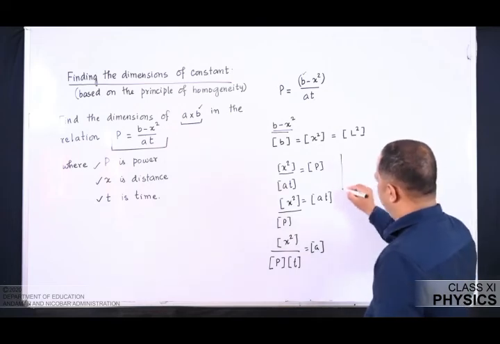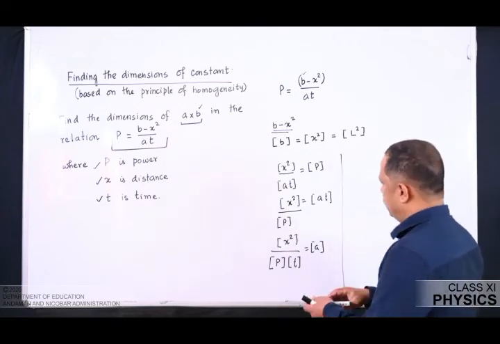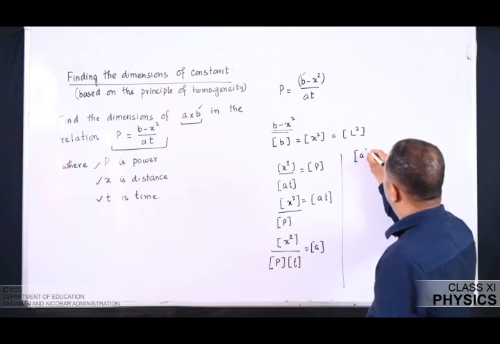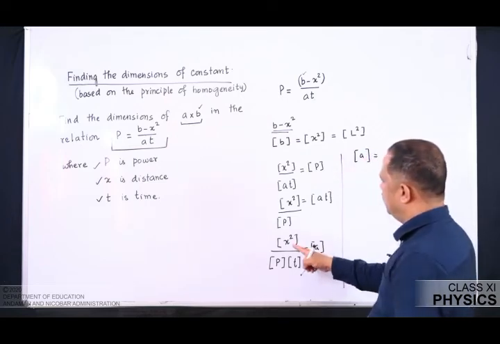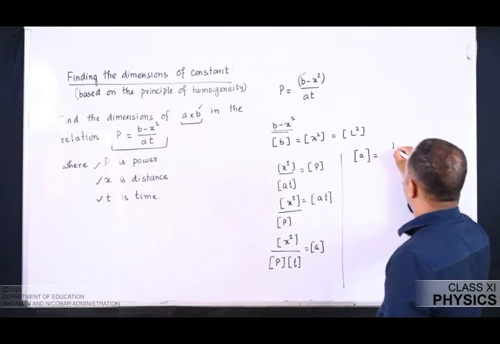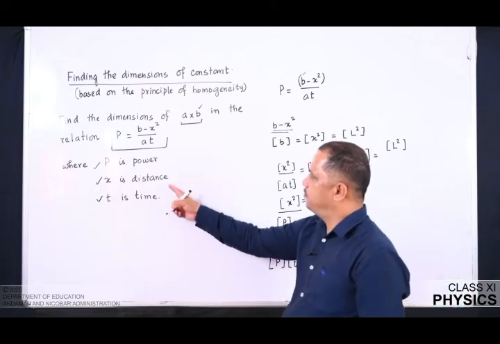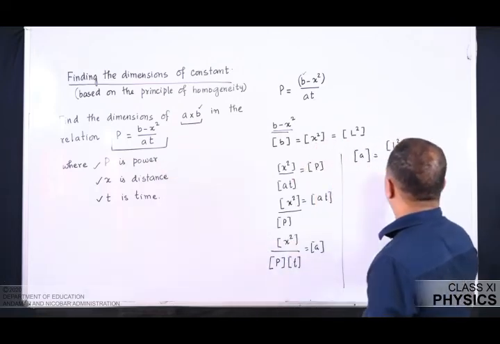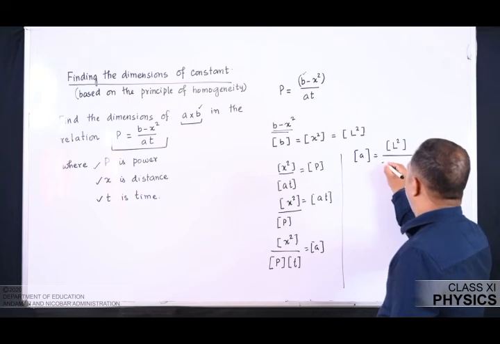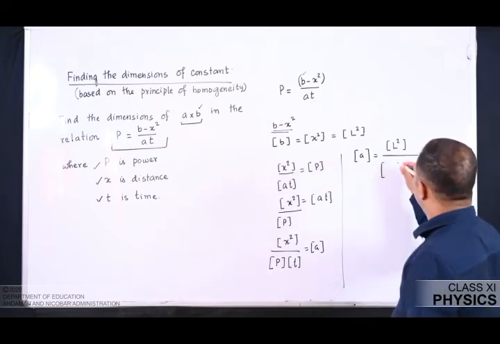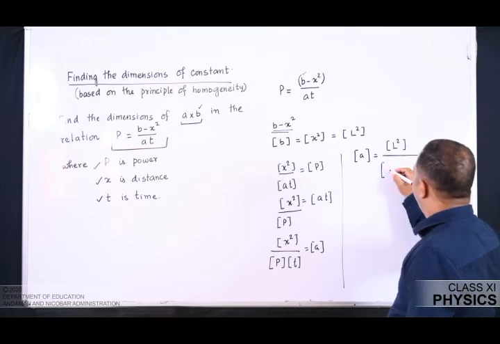So, if I move further ahead, the dimension of A is equal to, in the numerator, the dimension of x square, so it is 2 in length because x is distance. P is power, so over it we have the dimension of power, which is work by time, so force into distance by time.